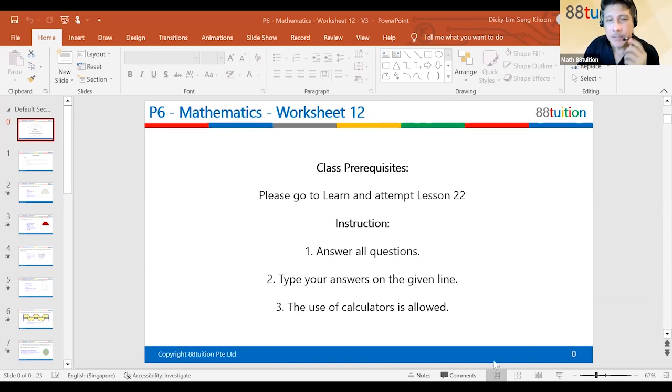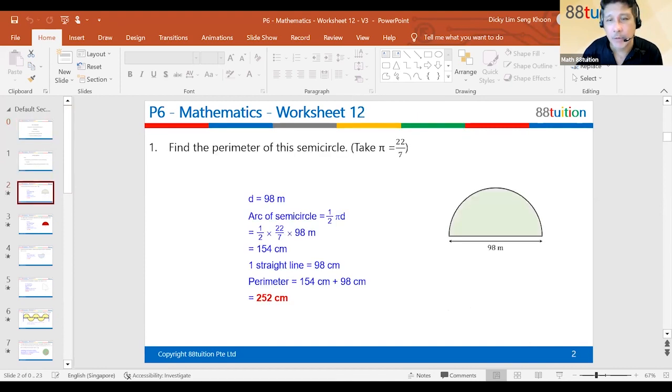So we are moving more into the whole worksheet on circles. If you're not sure which one, it should be worksheet 12. Let's quickly move on to our first question.